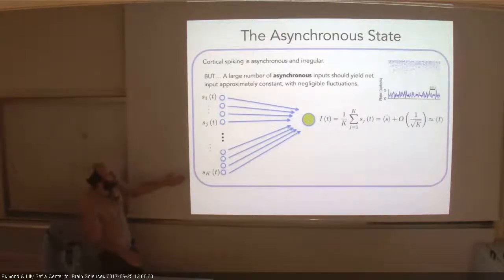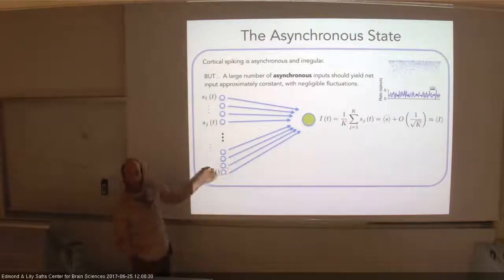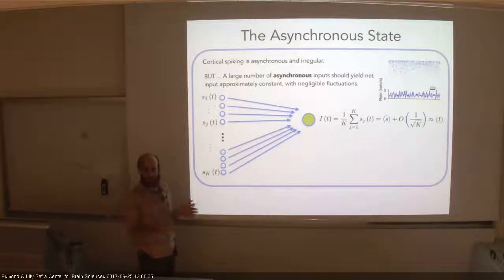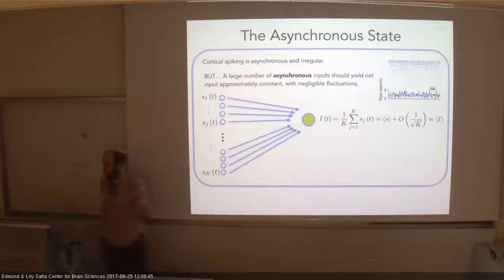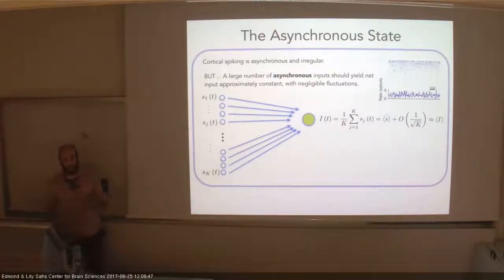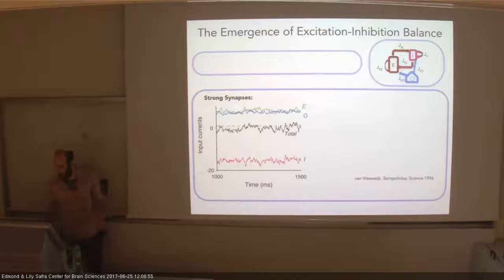So we have some neuron that's summing k inputs, and if they're not correlated, then we expect that the sum should be fairly constant, and that the deviations from the mean should be an order of magnitude smaller than the mean itself. Right? And that would lead to a constant input in time, and a constant input in time should yield, by any simple model, regular firing neurons, like clockwork.